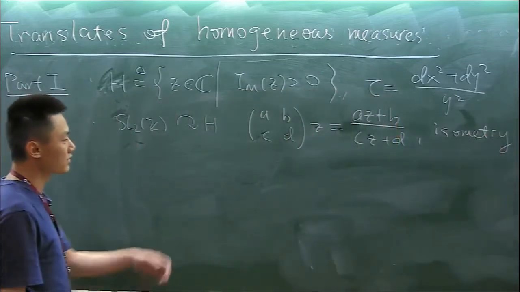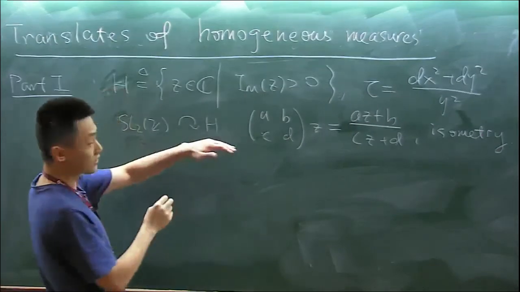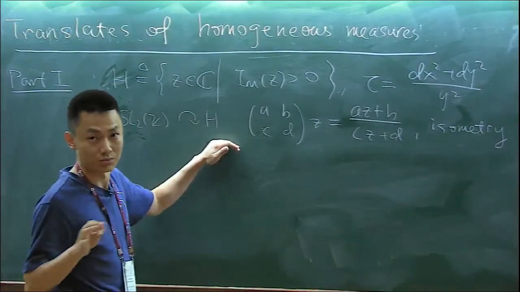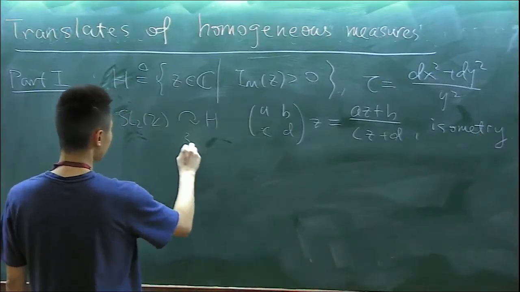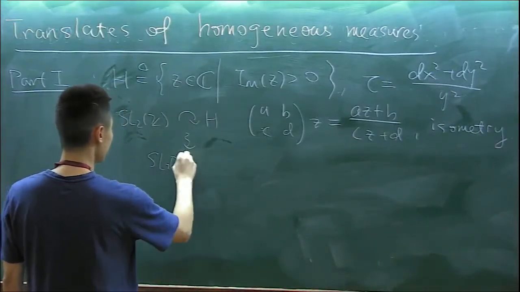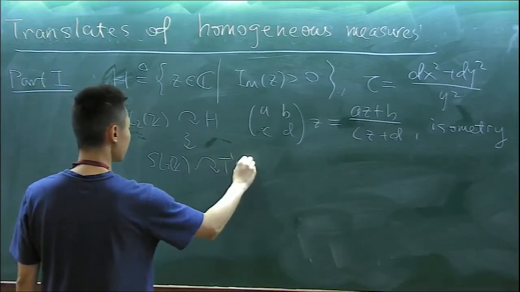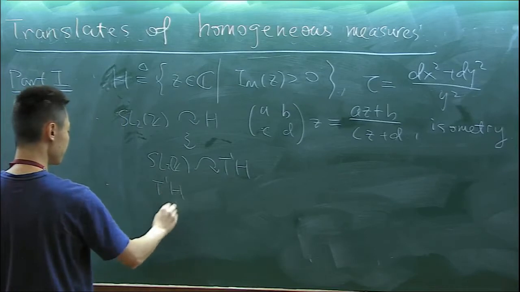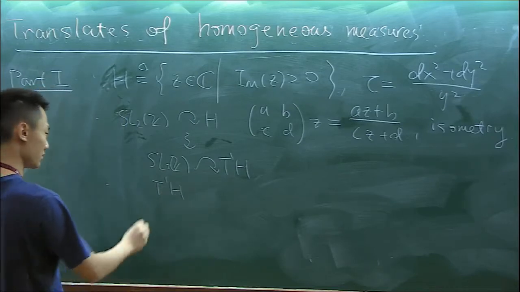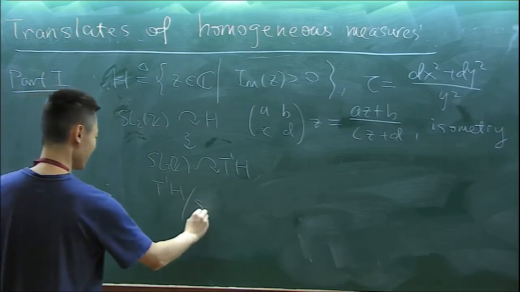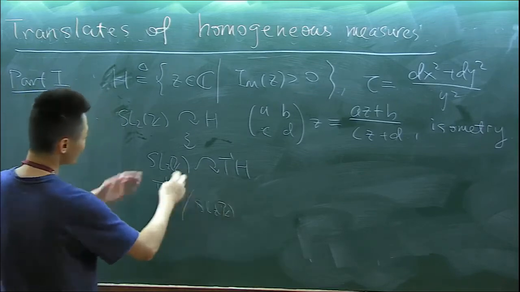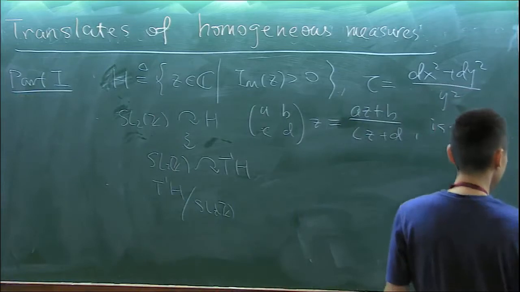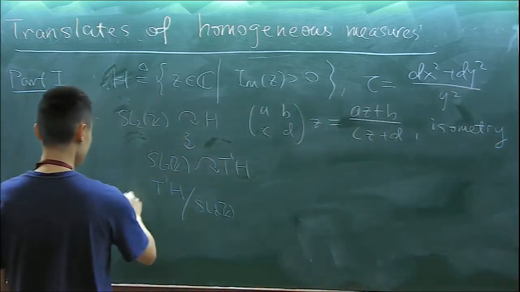So because of this isometry, this induces the action not only on the tangent bundle, but also on the unit tangent bundle. So this induces SL2(Z) acting on the unit tangent bundle, right? And I'm looking at the space of the quotient. Which way should I quotient? It's a left action, but I want to quotient on the right. So this is the space.